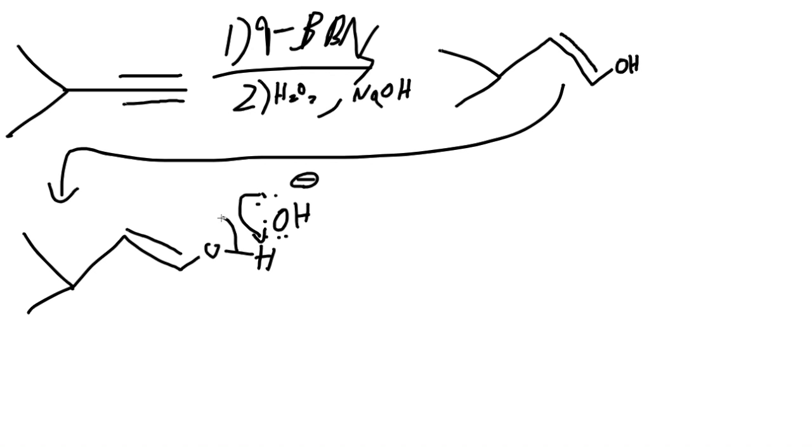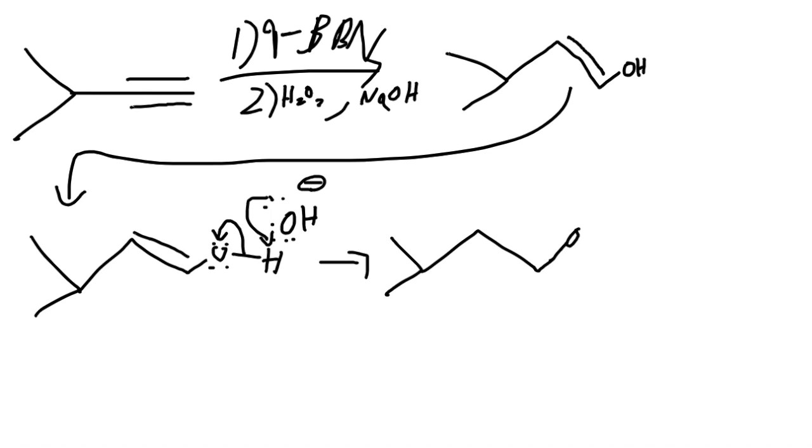That hydrogen's electrons will go to that oxygen, which will give us a reaction of forming a double bond here. Actually, no, not yet. It would be an oxygen with 3 lone pairs and a negative charge, and also we still have that double bond over here.